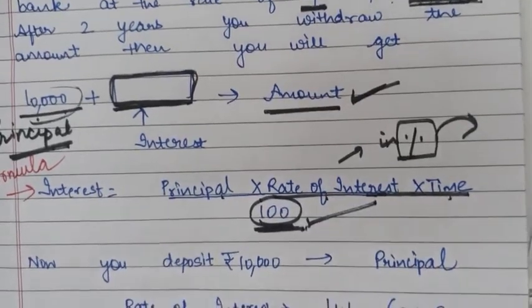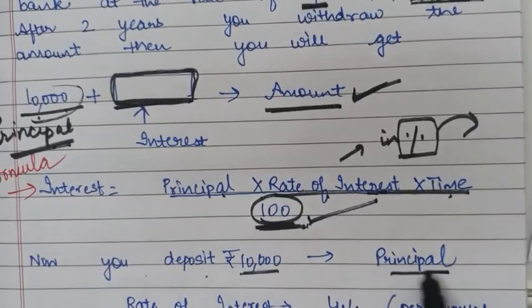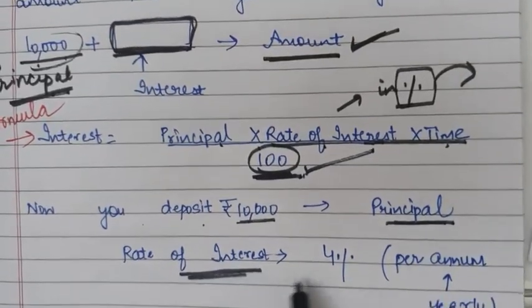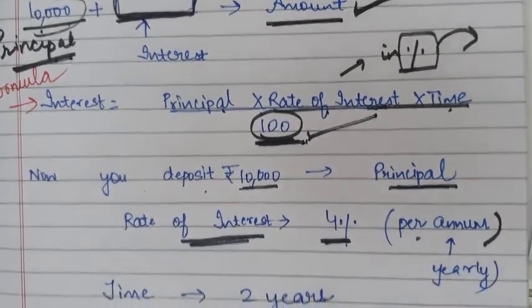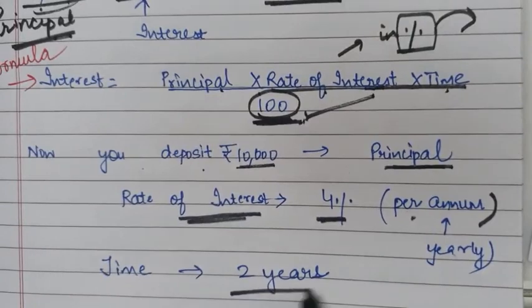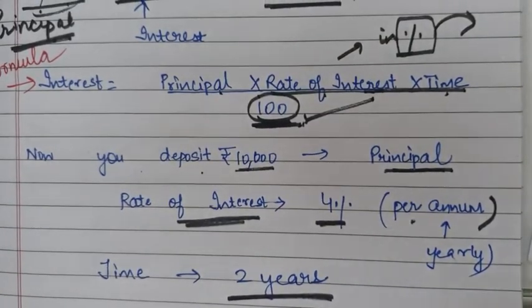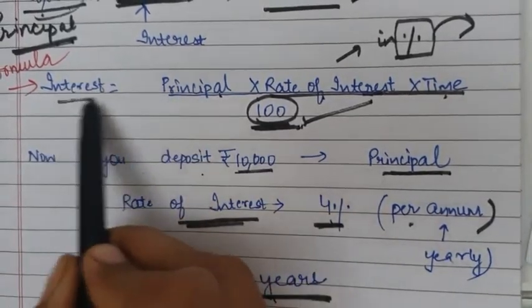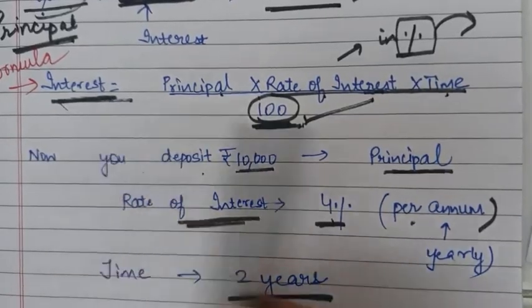Now, you have deposited rupees 10,000. This is your principal. Now, the rate of interest is 4% per annum. And what is the time? Time is 2 years. So, if we put all these values in this formula, we will get interest.